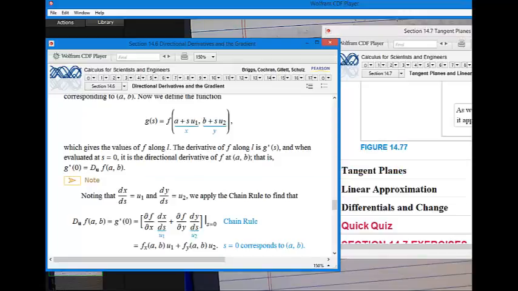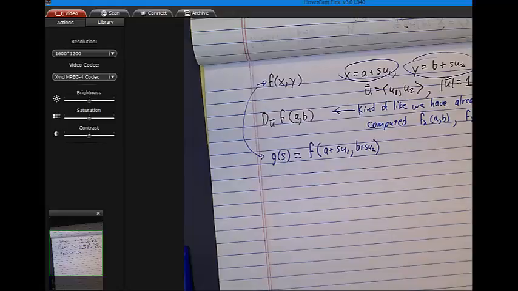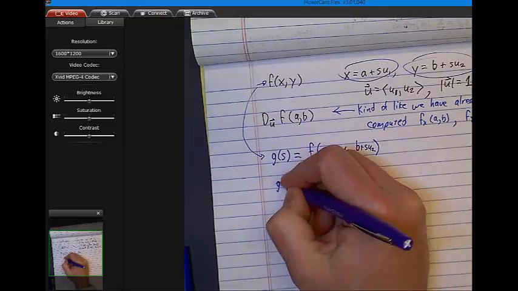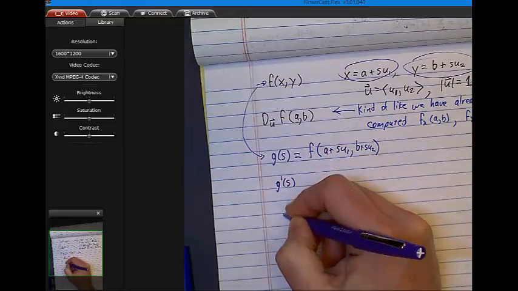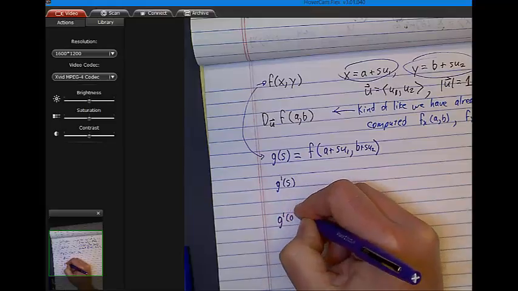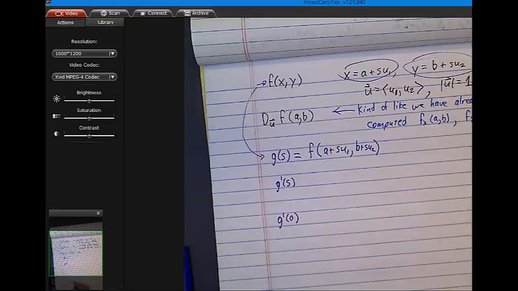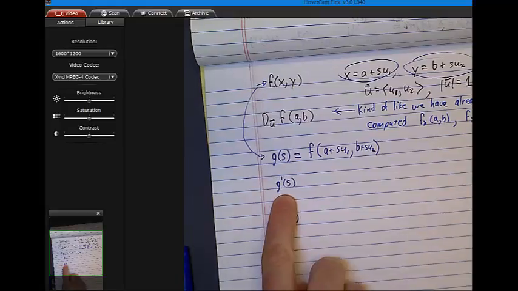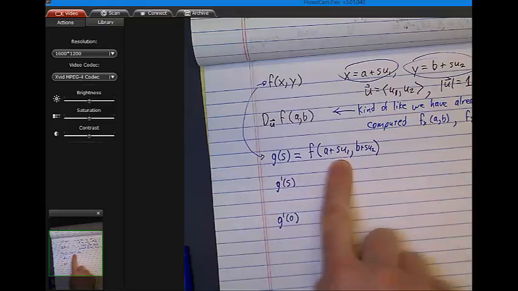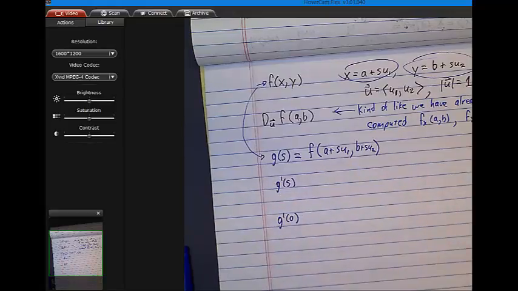g prime of s. And then I'll compute g prime of 0 next. Why? Well, we'll see that shortly. So first let's do this. How do we do g prime of s? Well, we have to do the chain rule. Okay?